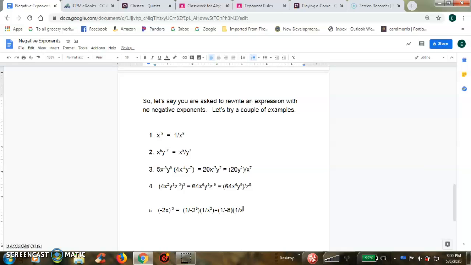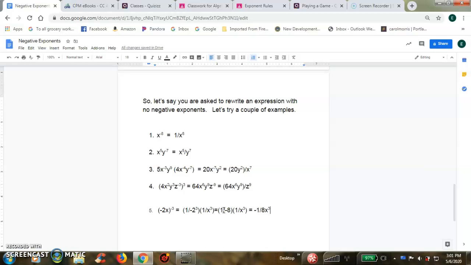So I'm going to do this again. And I'm just going to change my final answer to negative 1/8 times x to the negative third power. So I'm just going to change this to negative 1 over 8 x to the third power. All right, so I can see where some of you might be, wait, huh?